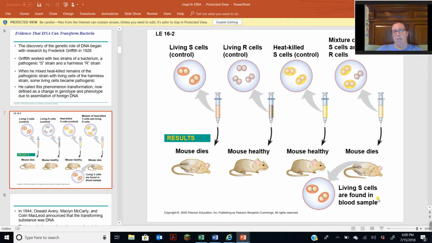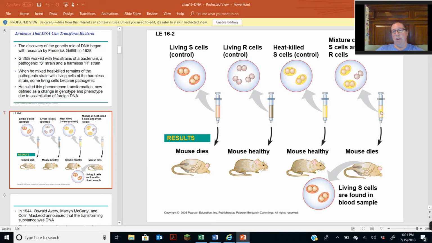That was the first one, and he called this transformation. That's where the term transformation comes from. This is where you have a change in genotype. Some cells take in the other cells and create something different.